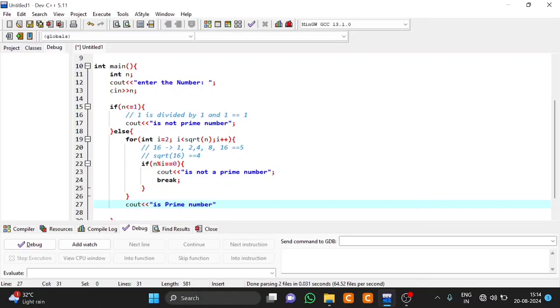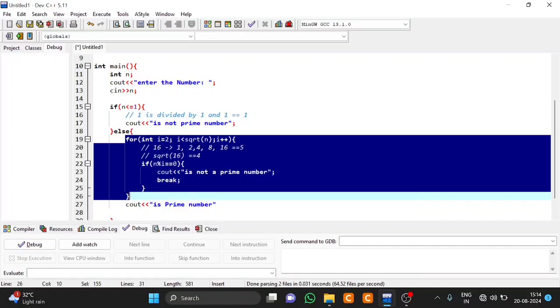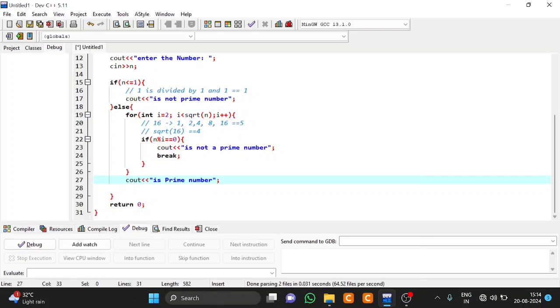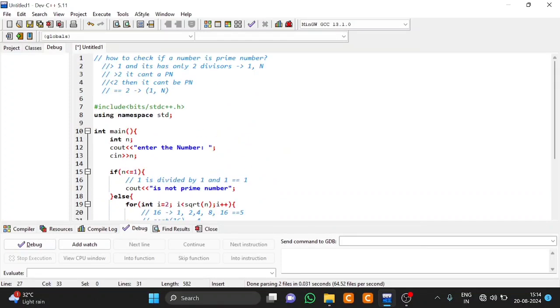Here we are proving that the given number is not a prime number. Once we conclude that it is not divisible by any number, then we can print that it is a prime number. So this is the program. First we take a variable n and store the integer into n.